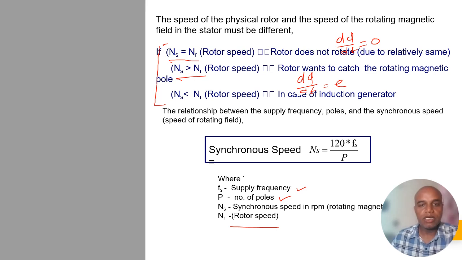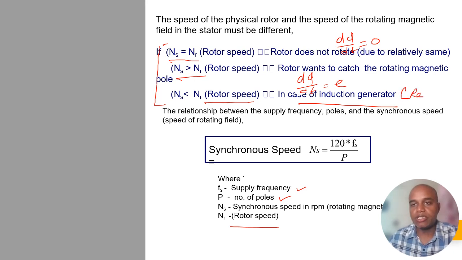The third scenario, which is very interesting, is when my rotor is rotating at more than the synchronous speed. This is the case of the induction generator, and it also happens in EVs, where it is known as regeneration, or regenerative braking.